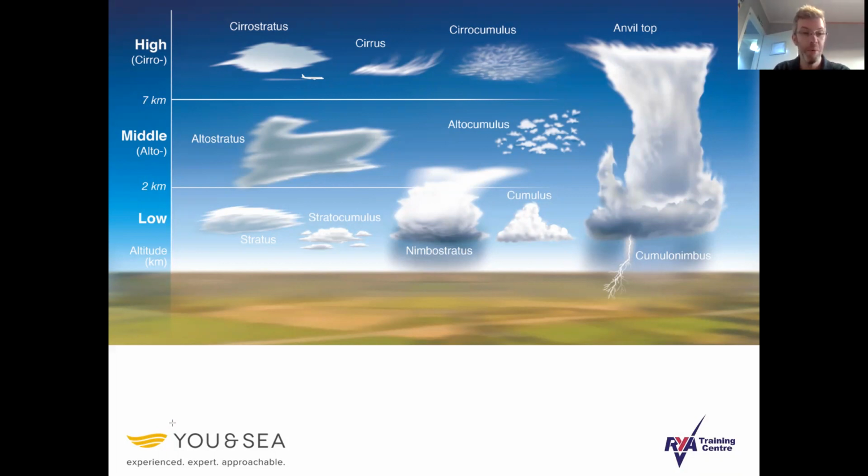So, number one, we are going to look at this cloud here. Thin, wispy strands, hair-like, and that indicates that a low pressure is starting to make its way in.